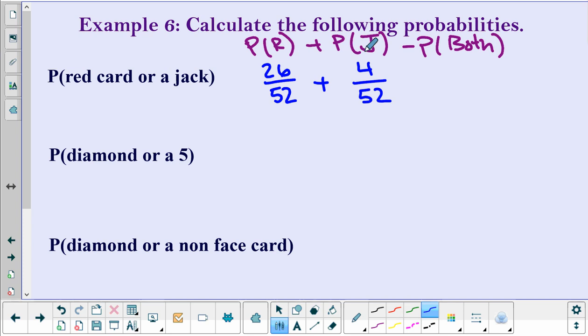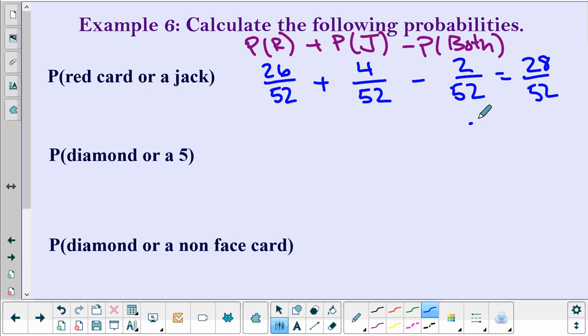So there were 2 red jacks that got counted here and also got counted there. So I need to subtract 2 away. So 26 plus 4 is 30. 30 minus 2 is 28. I get 28 out of 52. I'm going to plug that in and round to the nearest thousandth place. 0.538 there is my probability.